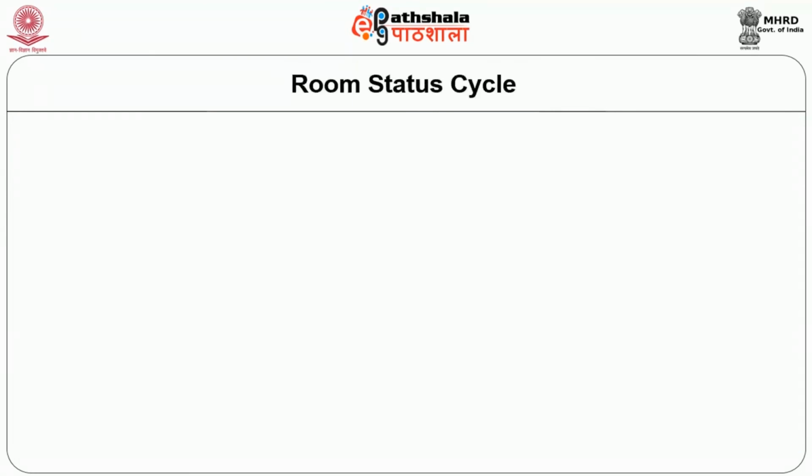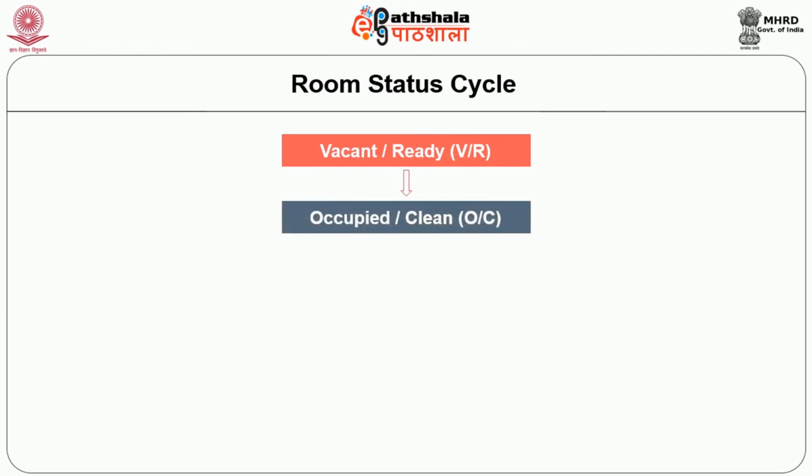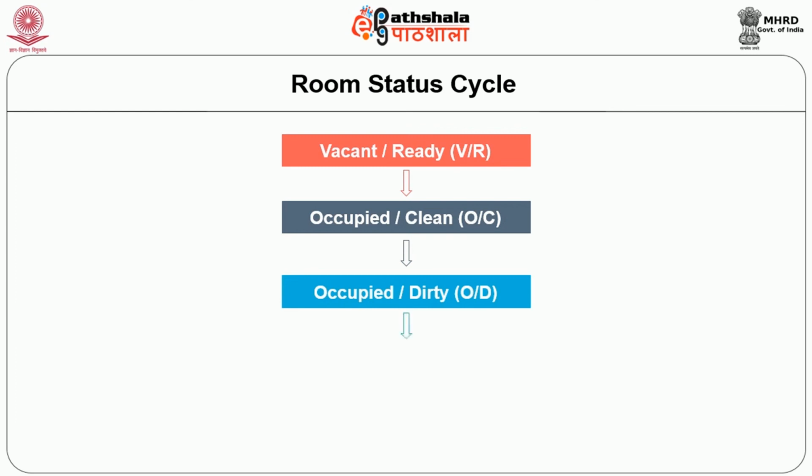Now, there is a cycle that happens in the room status, where we first term vacant ready rooms as VR. These vacant ready rooms are usually given to the guest for sale. As soon as the guest checks in, it becomes occupied, and once the guest begins to occupy and use the services, it becomes occupied dirty, denoted as OD, and calls for service by the housekeeping department.